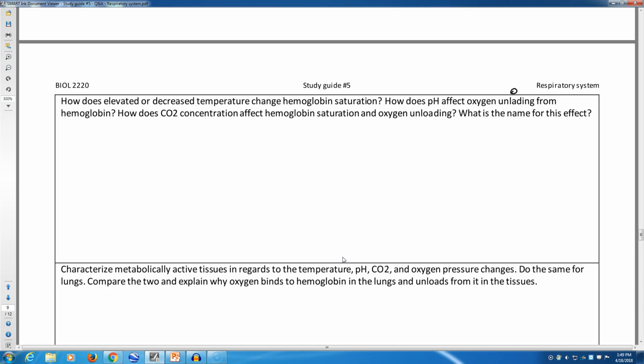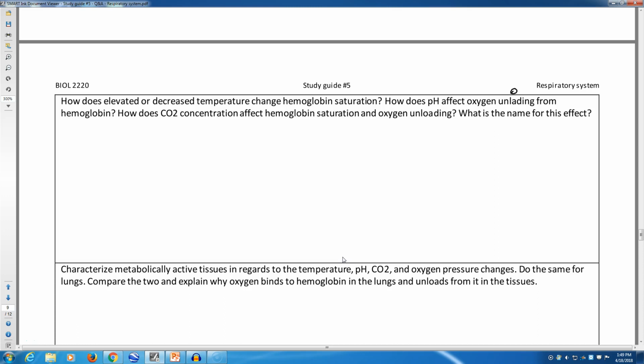Let's talk about unloading. Elevated temperature. How does it affect unloading of oxygen? Increases. Lowered pH increases, and high CO2 partial pressure also increases.